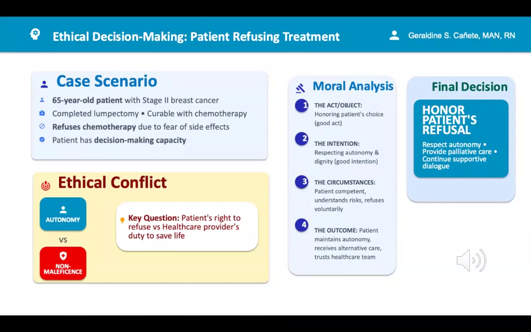We want to respect the patient's right to make their own decisions. That is autonomy. But we also want to prevent her from harming herself by refusing a potentially life-saving treatment. That's basically the principle of non-maleficence. So how do we navigate this ethical dilemma?